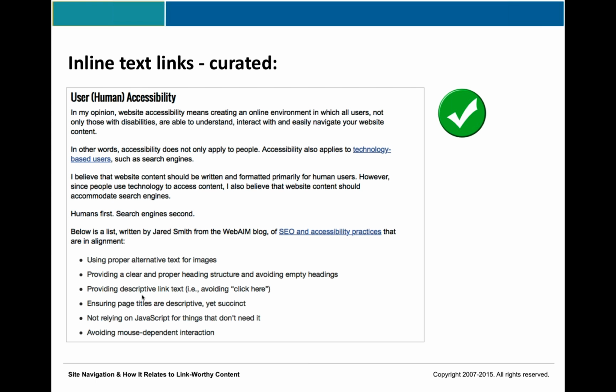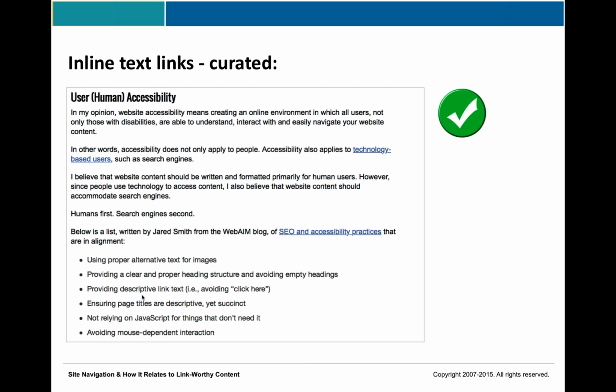Now, I have a pet peeve, and I have hissy fits. Siloing actually does not make your content more findable. Anytime you hear the term internal site architecture, you're dealing with a person who doesn't know what they're talking about. Internal site architecture means site navigation. Duh.